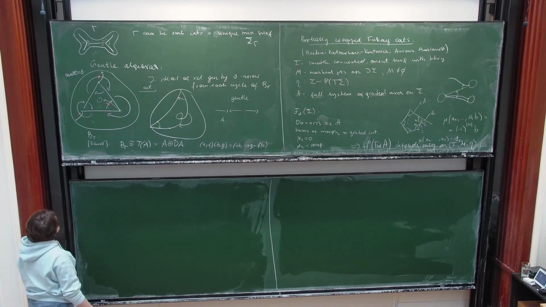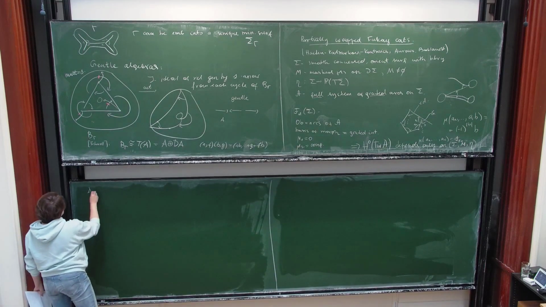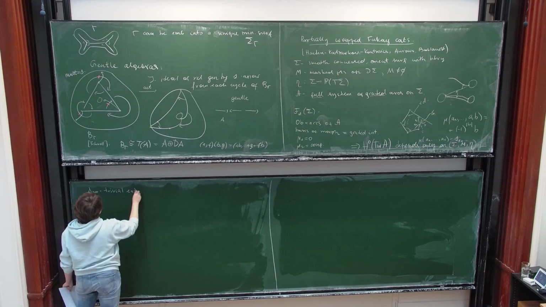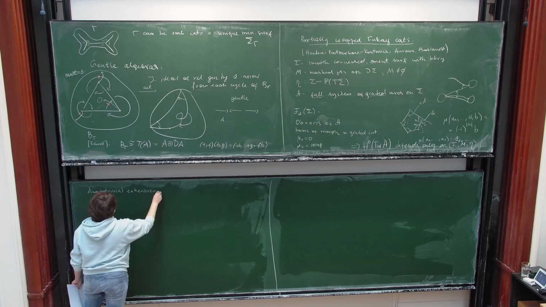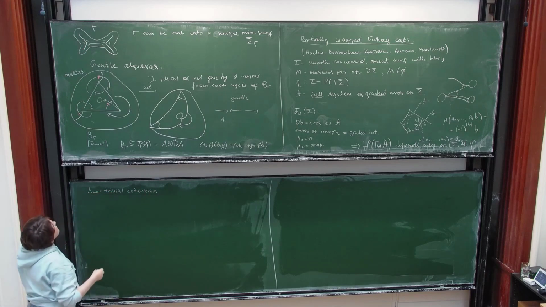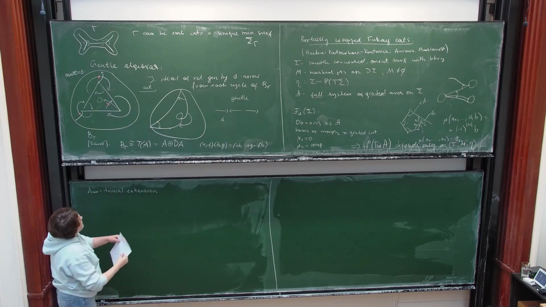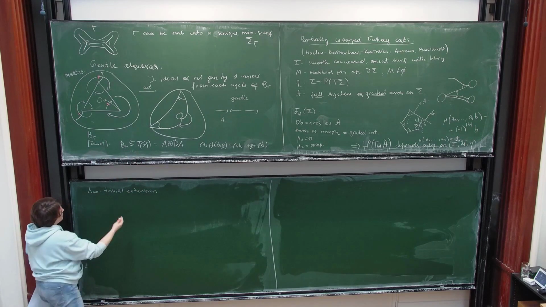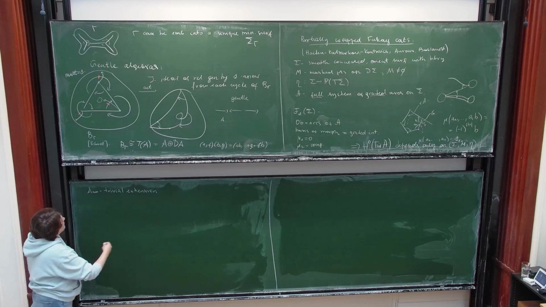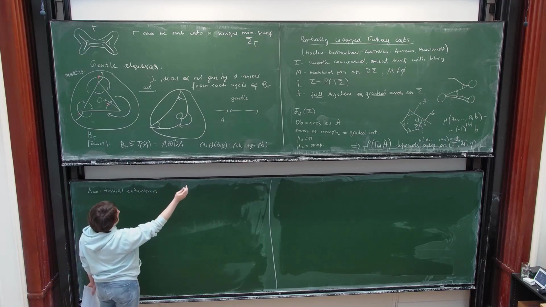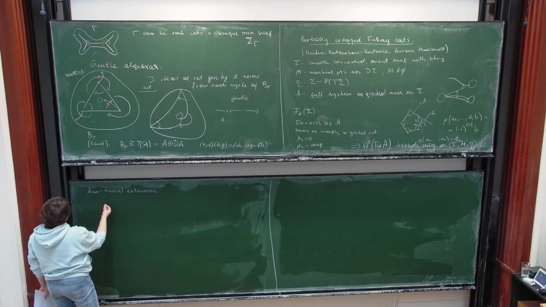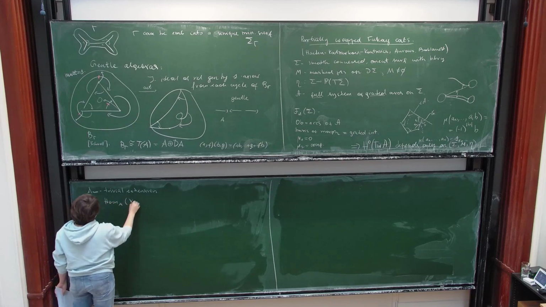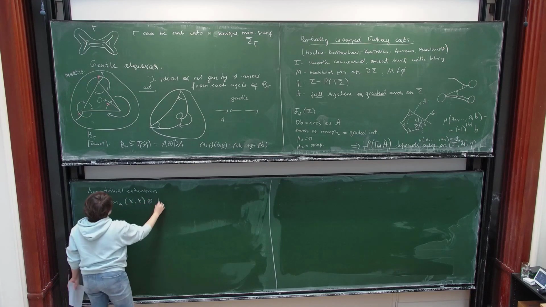So, now there is an operation of A-infinity trivial extension. Basically, in the same way as it is defined for ordinary algebras, we can take the same objects as in the initial infinity category, and then for each pair of objects, we can consider the following Hom space.